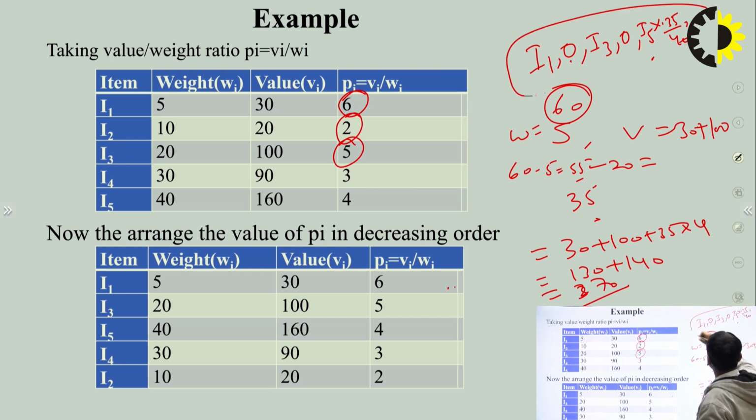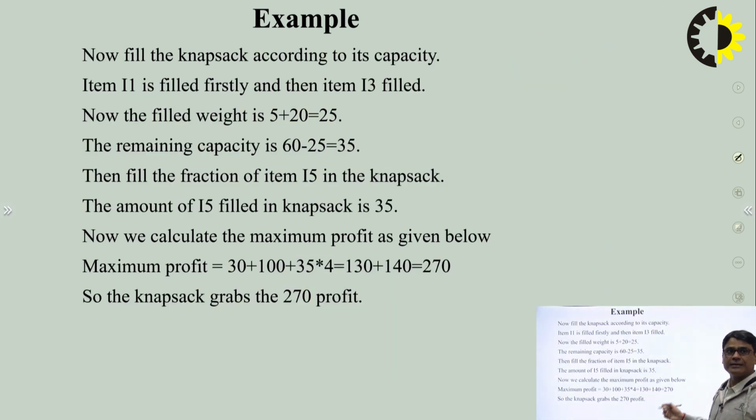So this is the solution set for the problem. So this is the fractional knapsack problem. We can get 270 as the maximum profit, and this is achieved by using these values: 5 is totally used, 20 is again used and 35 is again used. The knapsack is also fulfilled and we are getting the final solution.